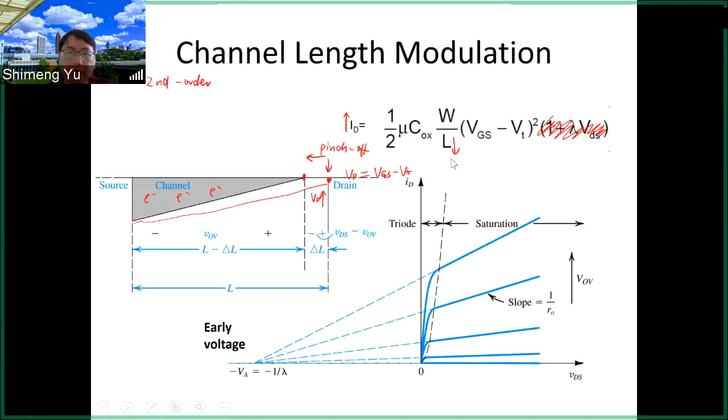To quantify this effect, we add this multiplication term to the saturation current equation, the square law. The 1 is just the square law itself, but we need to add a small term to correct for this modulation effect. So we add lambda times the VDS. Lambda is just a coefficient, and it shows that the drain current increases with the VDS.